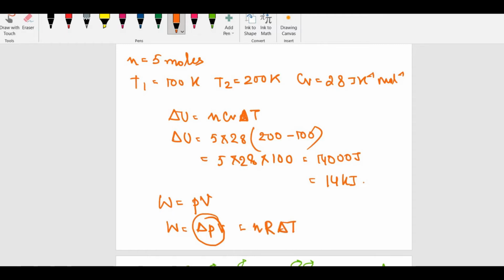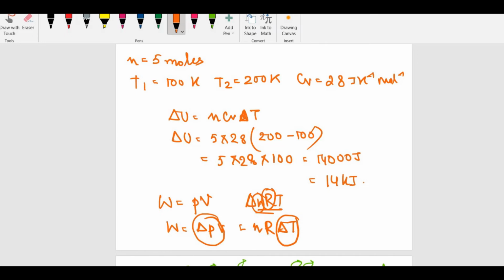You might ask, ma'am, why not delta on all of these? Putting delta in front of all three parameters indicates that R changes, but R is a universal constant, so that cannot change. There has been no change in the number of moles, so you cannot put a delta sign before it. The only thing that has changed is temperature.